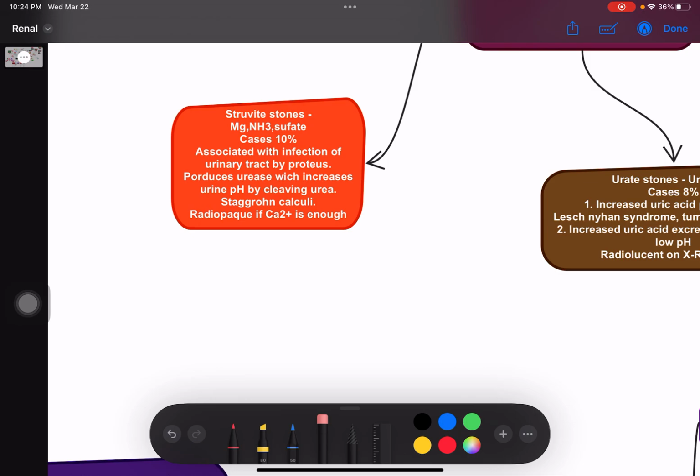Causes are 10% associated with infection of urinary tract by Proteus, which is a bacteria that has a urea splitting capacity. This is urease positive bacteria that can cause struvite stones, and it causes the staghorn calculi. Right.